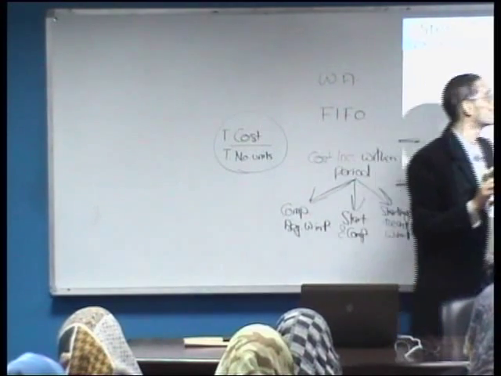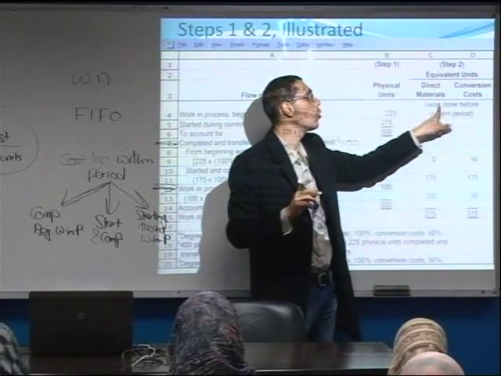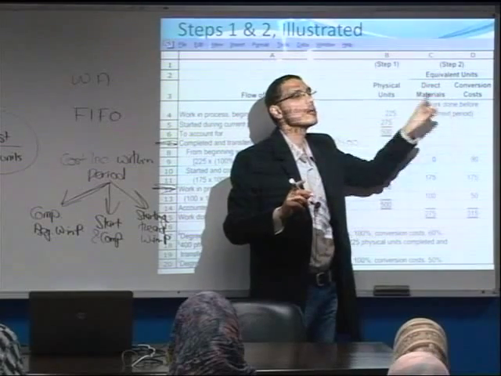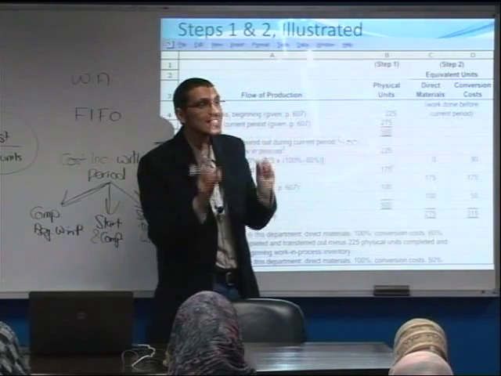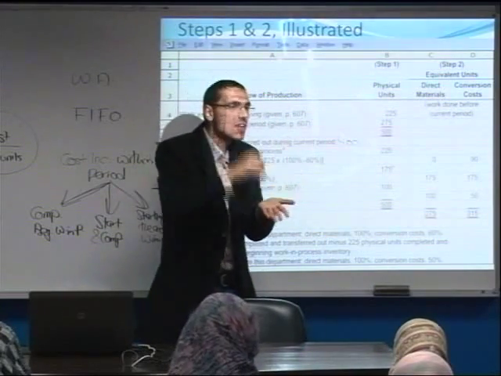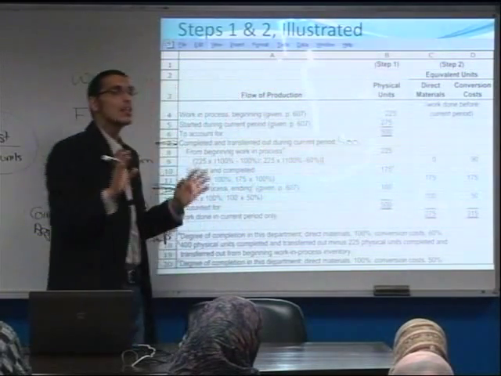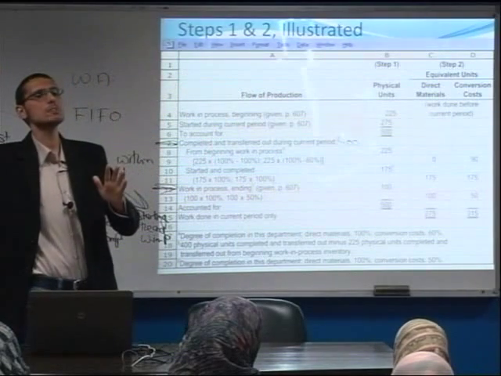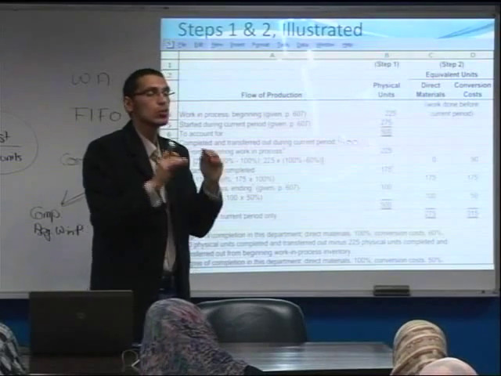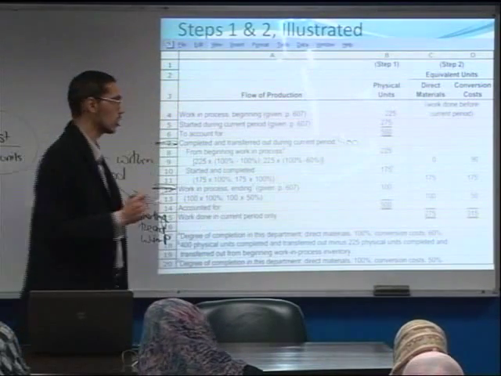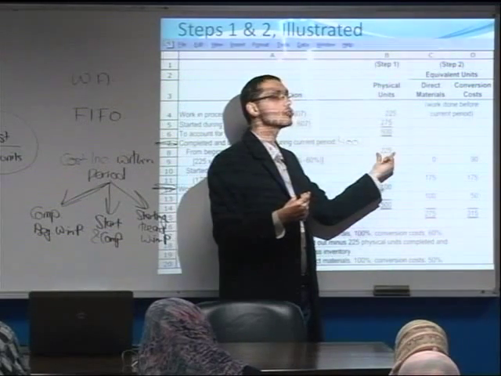Therefore, in calculating our equivalent units, we are going to calculate according to the work done within the current period. Why? Because, as we said, the costs that were incurred in the previous period will be assigned directly to the work that has been finished, or to the completed and transferred out work. Therefore, let us now calculate the equivalent units for the 225.